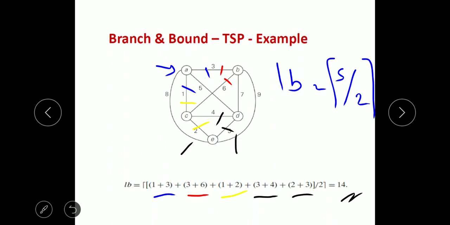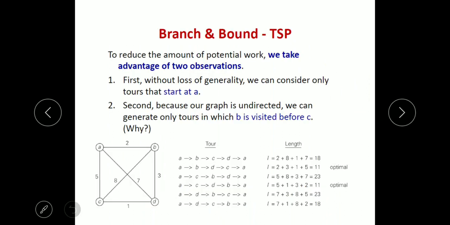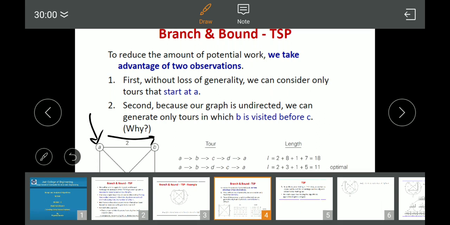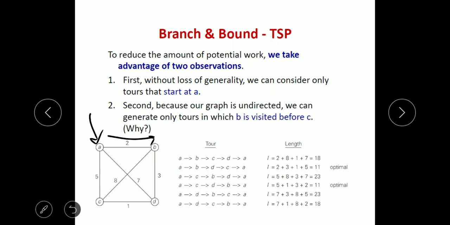Then let us move on to calculating the lower bound of the next node. In order to reduce the total number of iterations or permutations that we are going to carry out, and cut them to half, we assume that we start the traversal from vertex A, and the next vertex that we visit should be vertex B. So we fix two starting vertices.